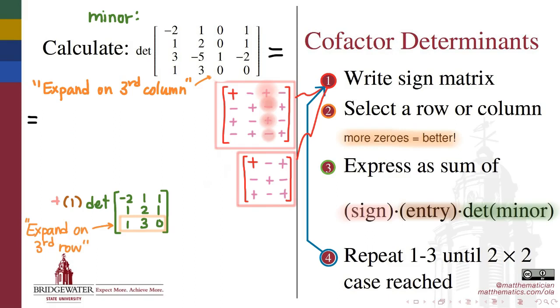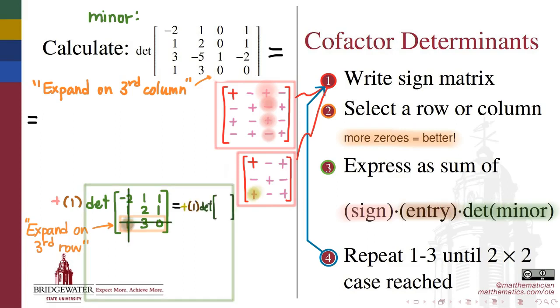And then, again, walking along that row, multiplying the sign from the sign matrix times the entry from the matrix times the determinant of the associated minor. The first entry will be a plus times a 1 times the determinant of that 2 by 2 minor, 1, 1, 2, 1. The second entry will be a minus times a 3 times the determinant of that minor.